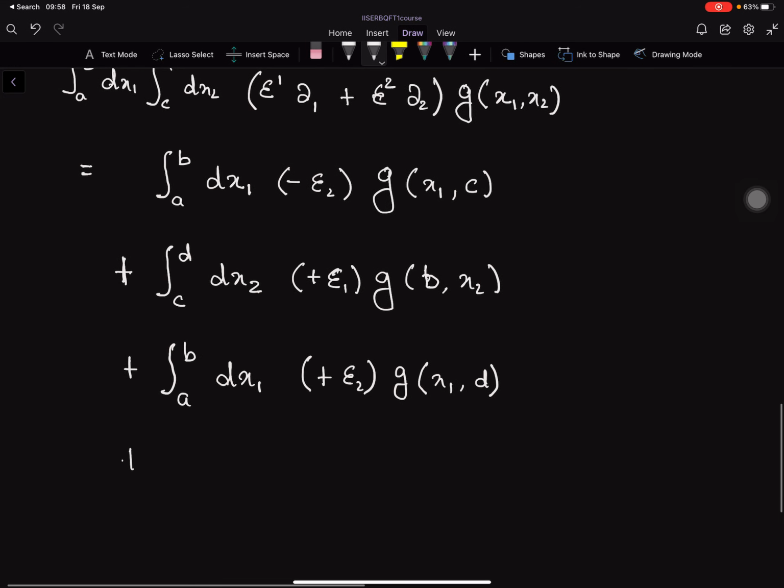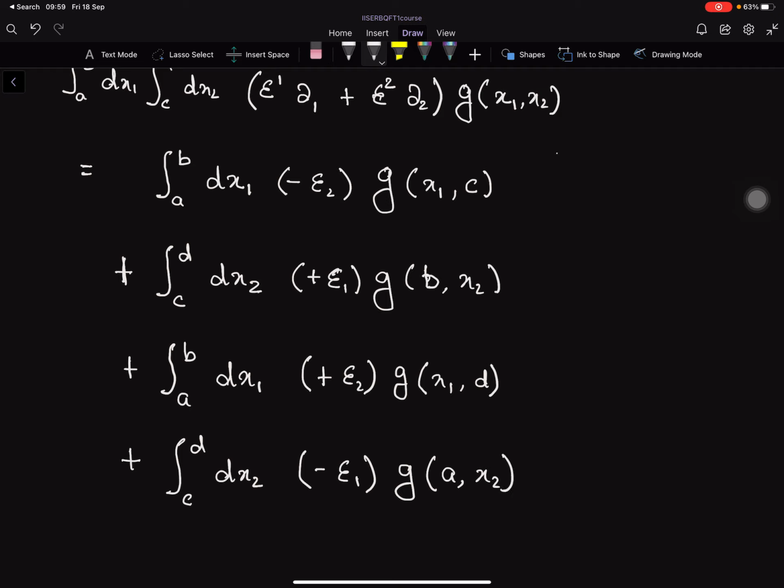And there is a fourth piece where x2 goes from c to d. In this case, epsilon has a minus sign. g, now x1 restricted to a, and x2.